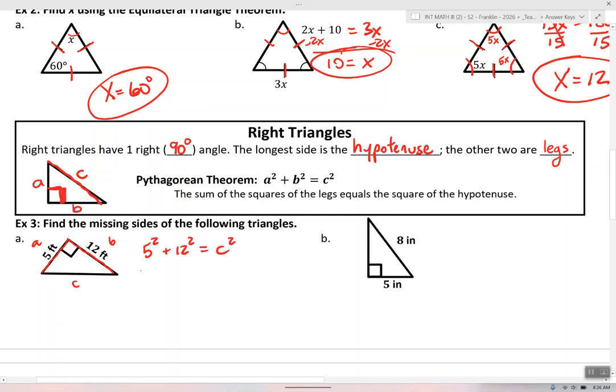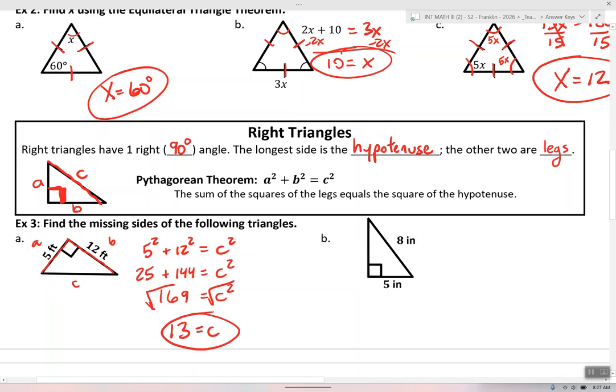Well, 5 squared is 25, 12 squared is 144, and we have c squared. So 25 plus 144 is 169. And so to find the missing side, I take the square root of both of these, and I get 13 for my missing side length.